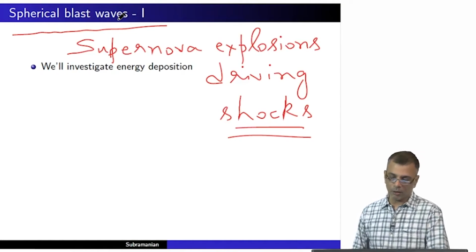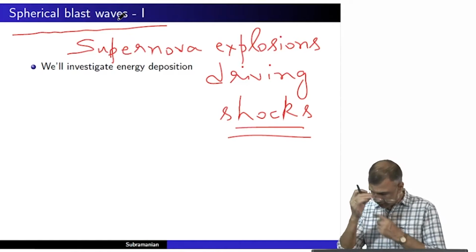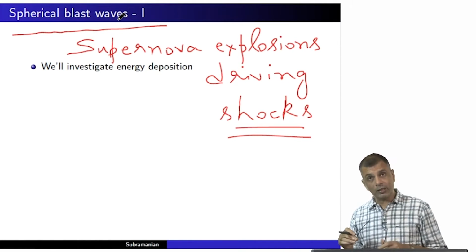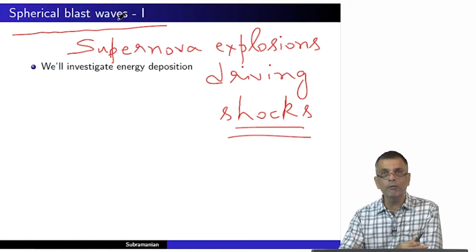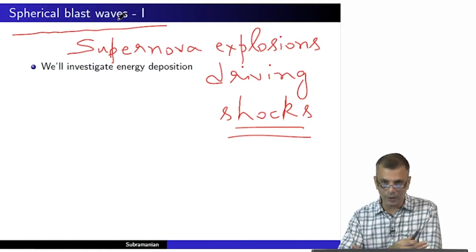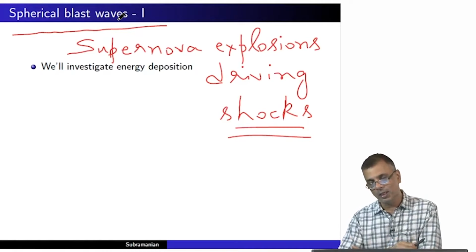As we will find out later, it's even more restricted than this, in that we will be investigating only one phase of the evolution of these blast waves, which is the phase where the shock is known to expand self-similarly.